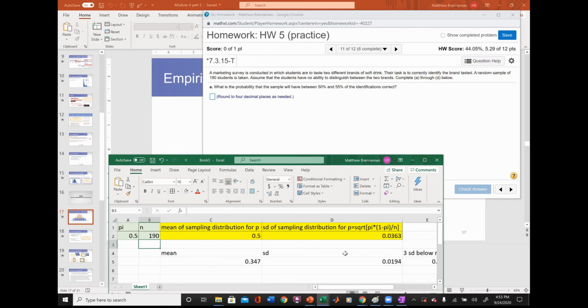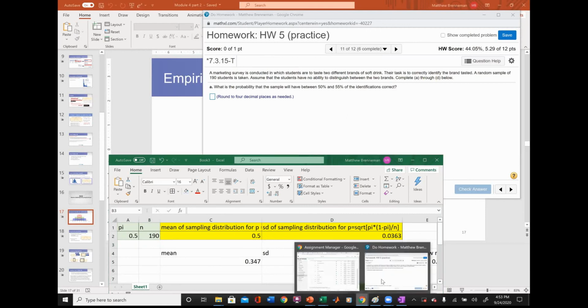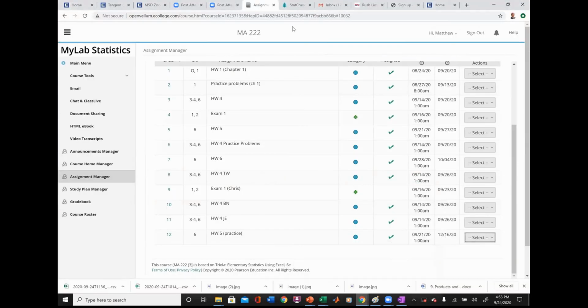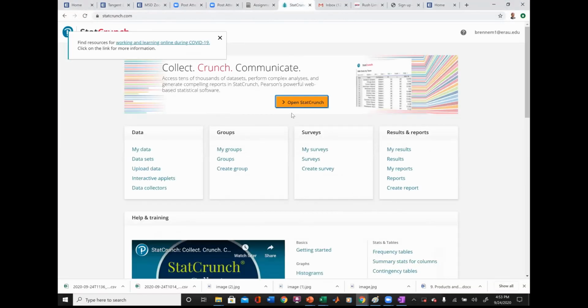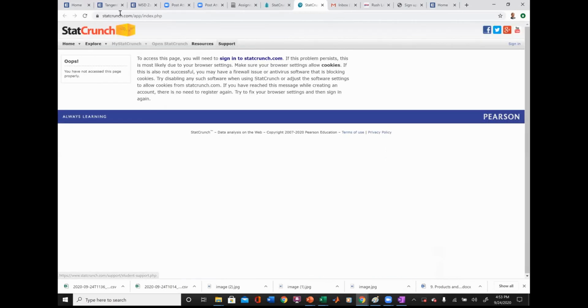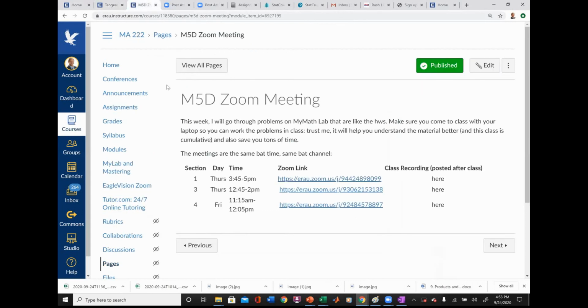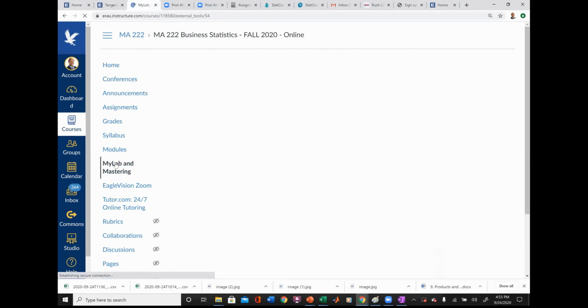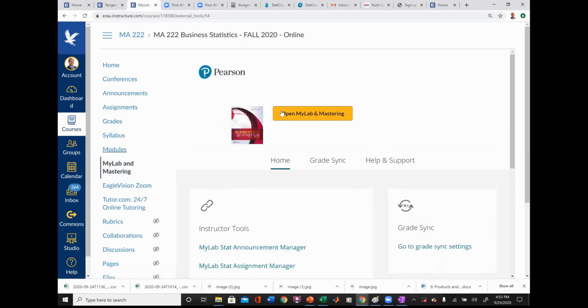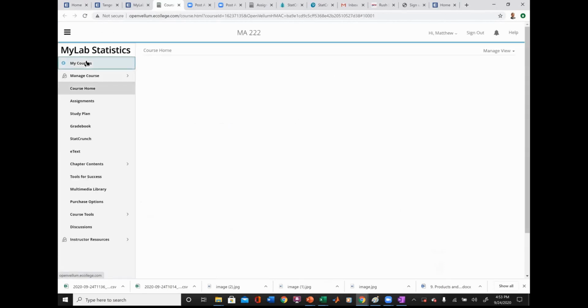Now we have to use StatCrunch. So I'm going to go over to StatCrunch and go to the normal calculator, right? It logged me out. I hate when it does that. I have to log back in. So go to StatCrunch if you're not already, and go to the normal calculator like we've done in Module 4.